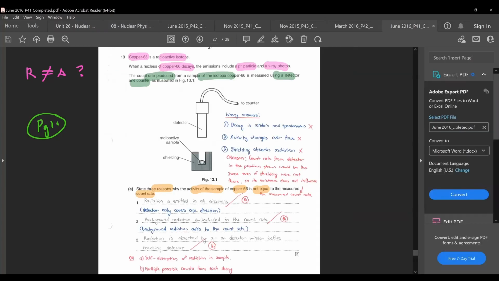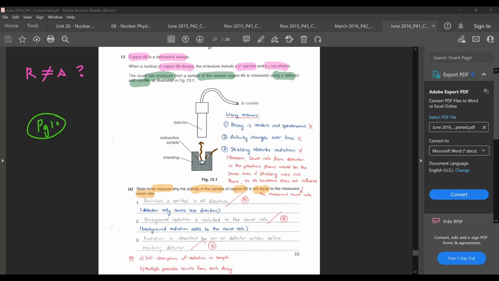So the most common answer will obviously be the fact that when your radioactive sample is decaying, it tends to emit radiation in all directions following a sphere. It's emitted out in a sphere like this, where you get your alpha, beta, and gamma radiation. So let me just write it out. You will get your alpha, beta, and gamma radiation.